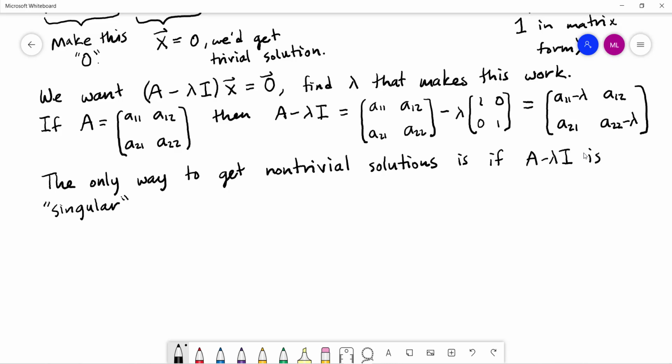And what it means for it to be singular is basically the vectors that make up the matrix, if we want to think about them as this first column being a vector and then the second column being a vector, meaning the columns that make it up, are not linearly independent.